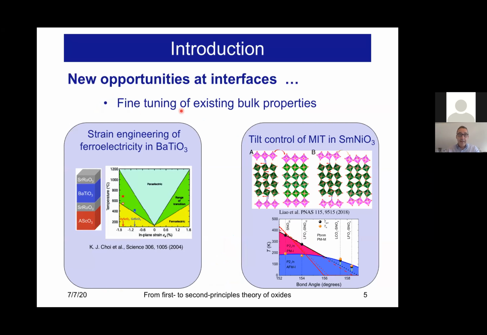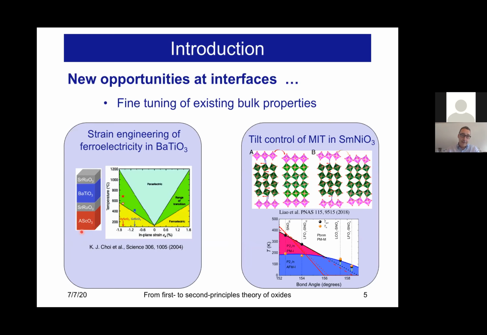So on the one hand, you can achieve fine-tuning of existing bulk properties, for instance. So you have a property that is already there at the bulk level, but understanding the origin of this property, now you can try to tune it. And that's something that has been realized, for instance, through the strain engineering of ferroelectrics.